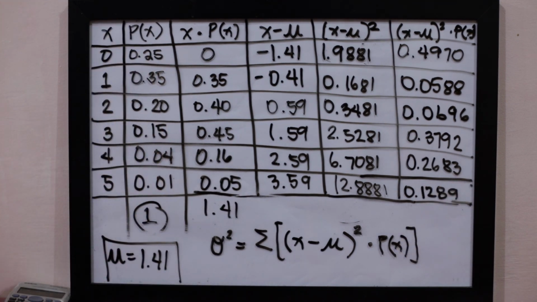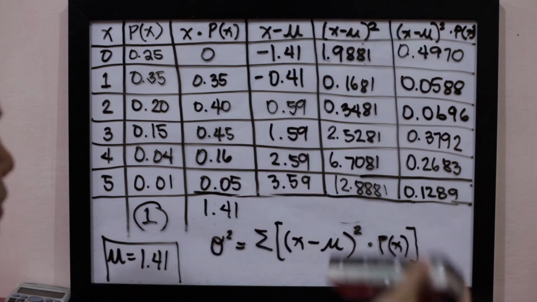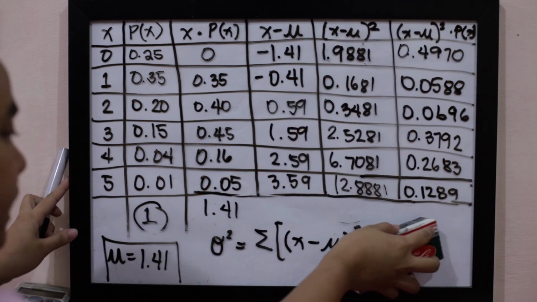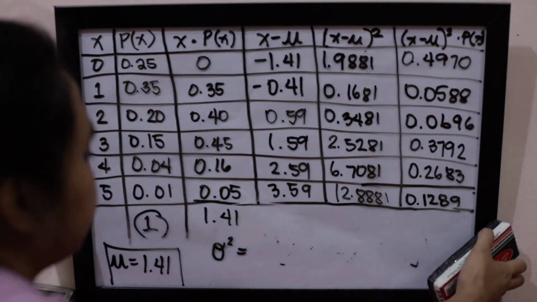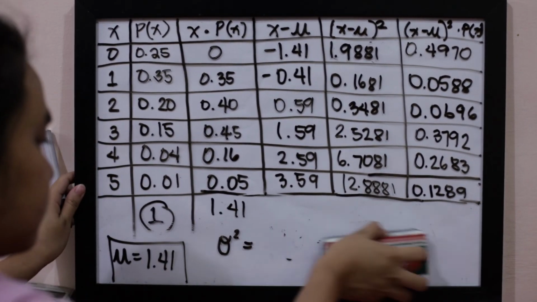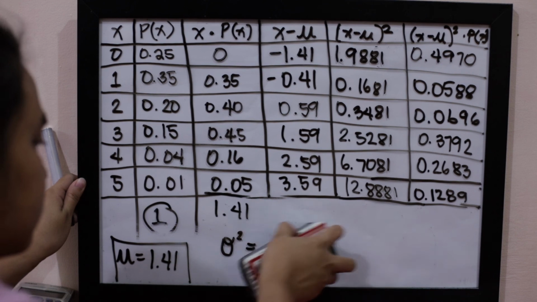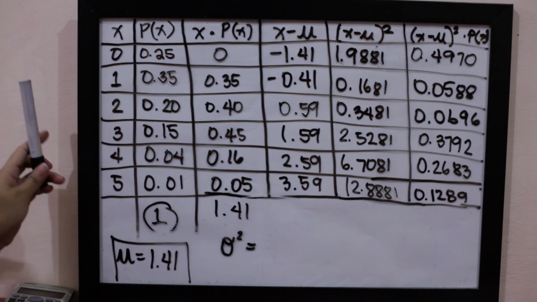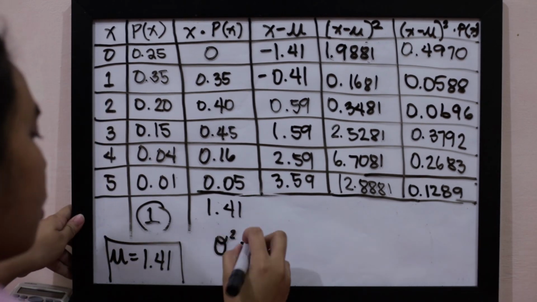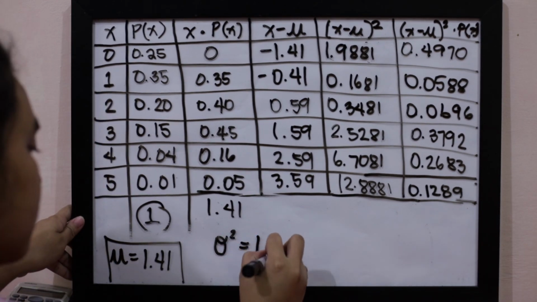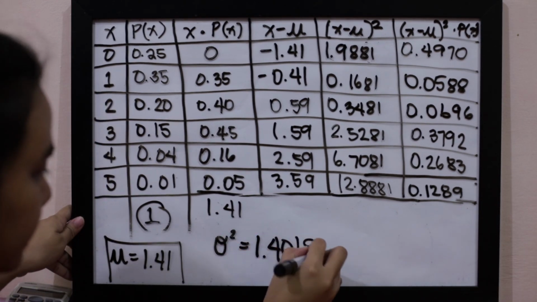So, if you will add everything for this column, the value for our variance is equal to 1.4019.